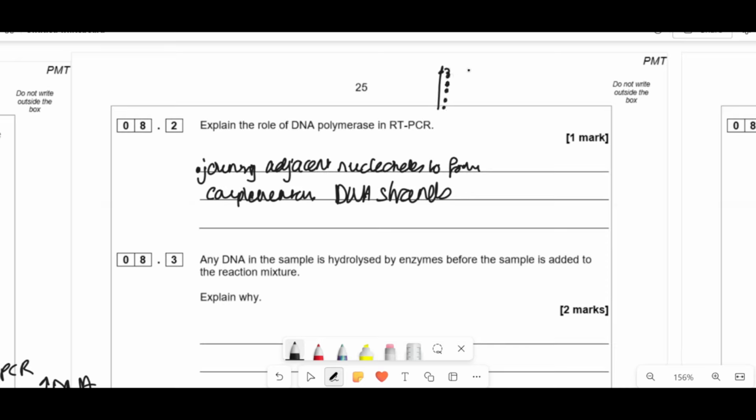What happens is it lines up the complementary bases. Imagine that's your template strand that we just made. These nucleotides will line up like this because of the complementary base pairings, because of hydrogen bonds. People were saying that DNA polymerase joins them side by side like that. You're not getting a strand, you just get little chunks of two things, which doesn't make sense and is incorrect. It's joining the adjacent nucleotides to make a strand like that.